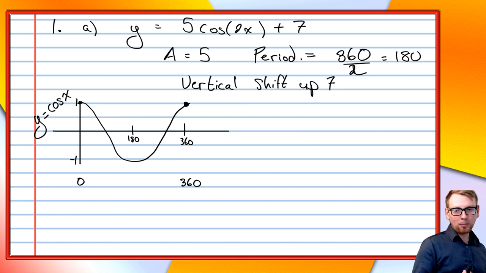Amplitude. Okay. That one should be pretty easy for us to do then. So the amplitude, as you already know, has this 5. So everything on it is already multiplied by 5. So where it was a 1, it's now 5. Where it was -1, it's now -5, right?